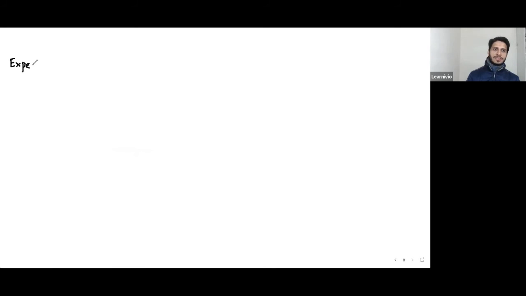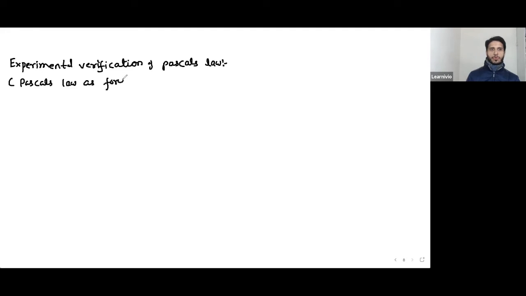This can also be said as experimental verification of Pascal's law, or Pascal's law as a force multiplier. You can actually build force multipliers using Pascal's law. So what exactly are force multipliers?